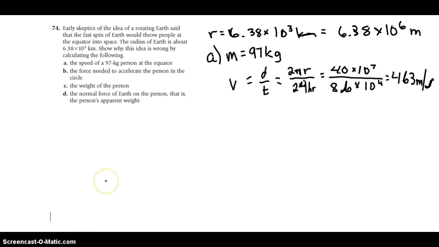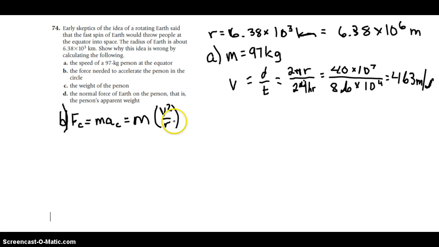Well, not really rotating around the Earth, but rotating with the Earth. So B, we're looking for the force needed to accelerate a person in that circle, which is going to be the centripetal force, or mass times centripetal acceleration, which is going to be m times v squared over r.